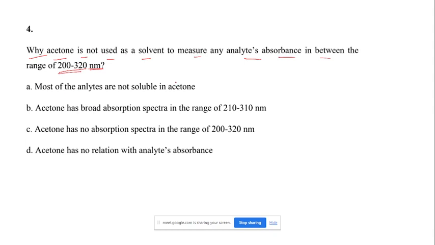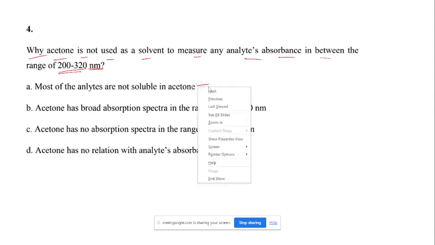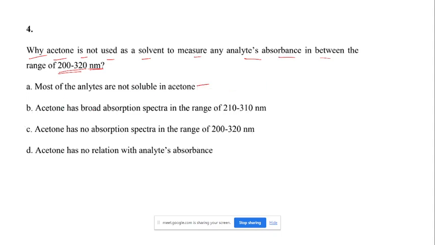Most analytes are not suitable in acetone. Acetone has a broad spectrum in the range 210 to 300 nanometer. Acetone has no absorption spectra in 200 to 300 nanometer. Acetone has no relation with analyte absorbance.